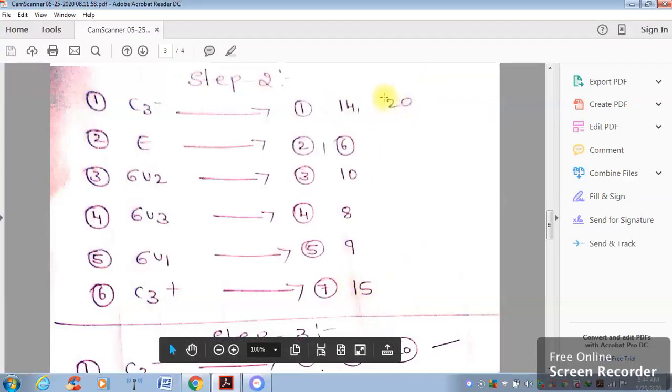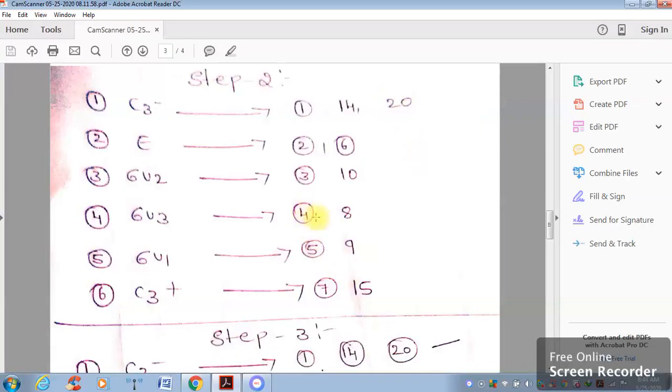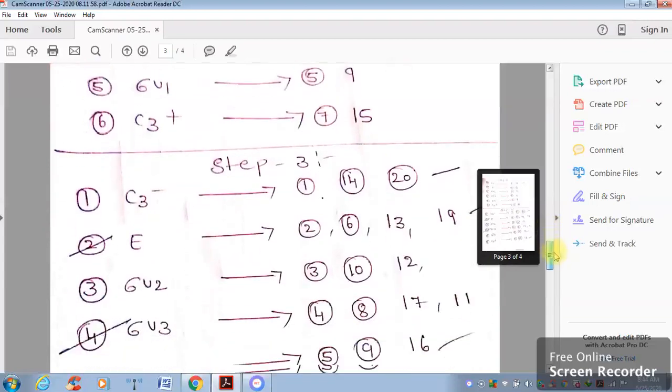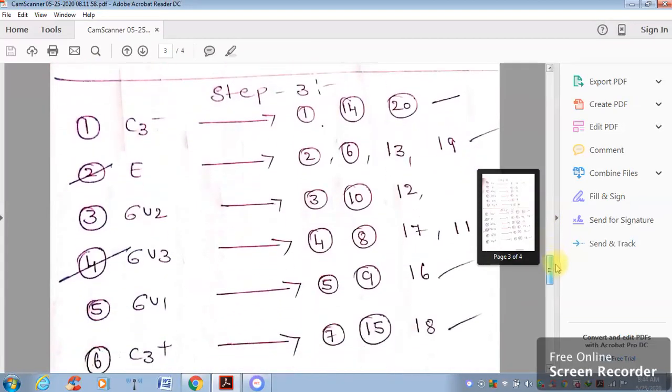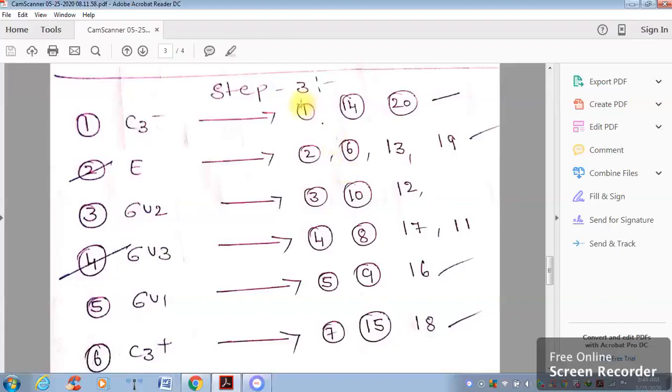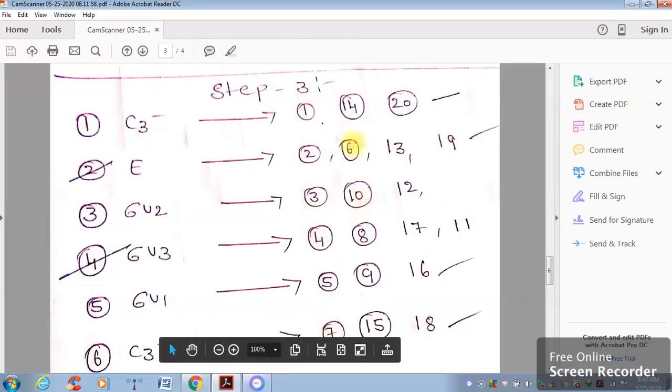The last number 20 I wrote at top only. That is the second step.